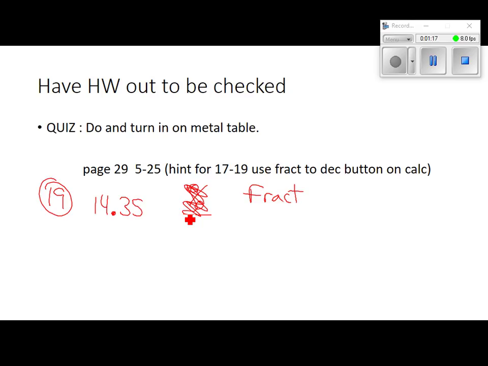This one has a button with F, an arrow, and a D on it. Some of the big calculators work differently, and I'll explain that in a minute, but let's do this one first.